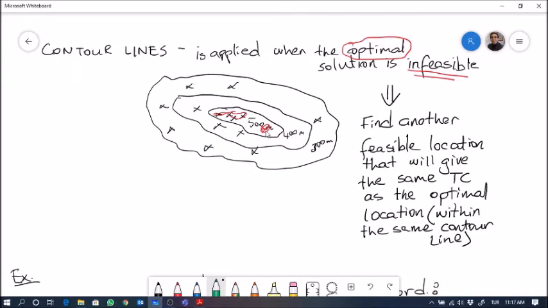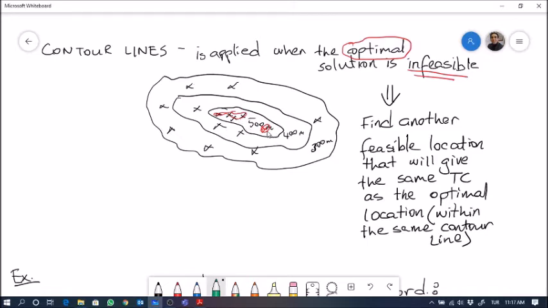So let's say the optimal location is this red star. However, this point is not feasible, then we have to find another point in this area which will be feasible. It will be the same height.